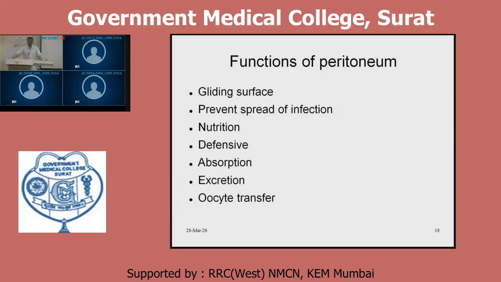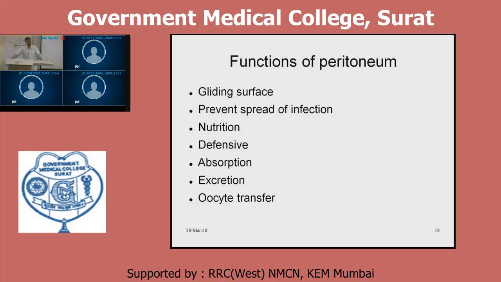Now, these peritoneal folds carry arteries, lymphatic vessels and all these things. Therefore, it will carry nutrition. This peritoneum shows macrophages, lymphatic cells, mast cells. Therefore, it will help in defensive mechanism. Also, cells help in absorption of some substances.